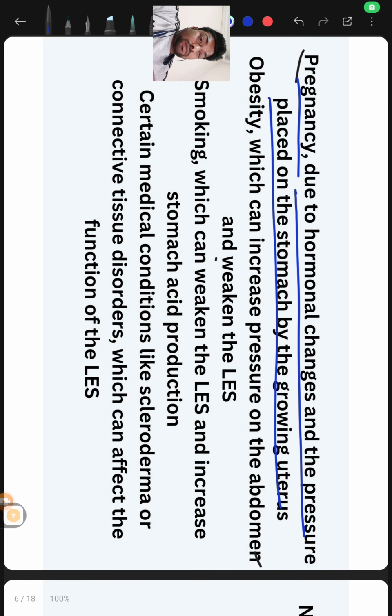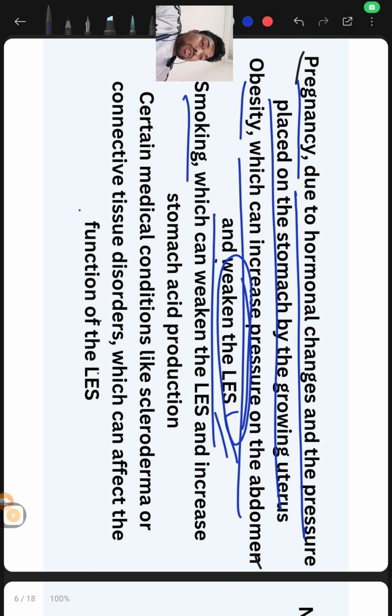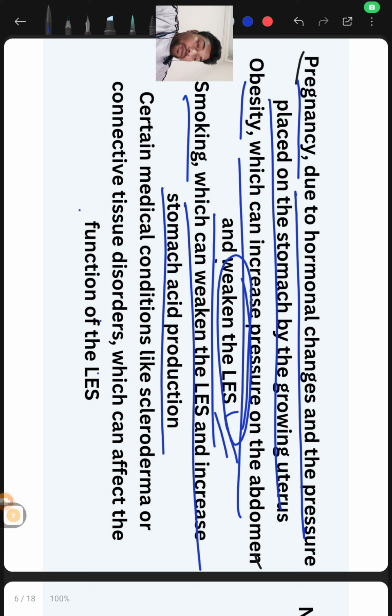Okay, also obesity can increase pressure on the abdomen, and already we have talked about the weakness of LES. Also smoking and alcohol can lead to GERD. These are the causes.